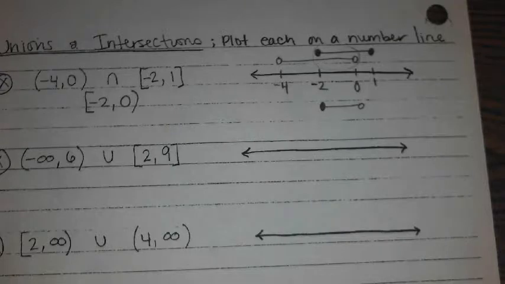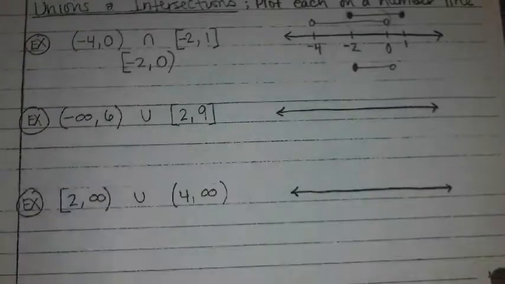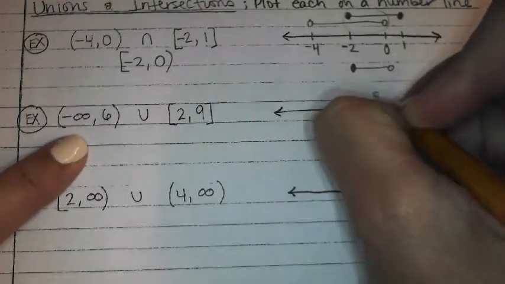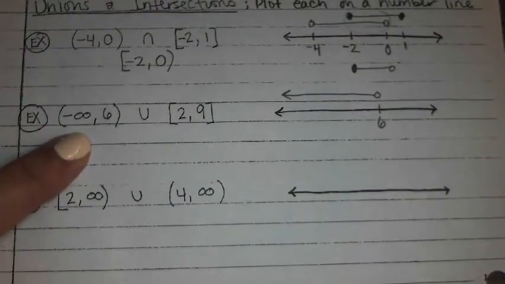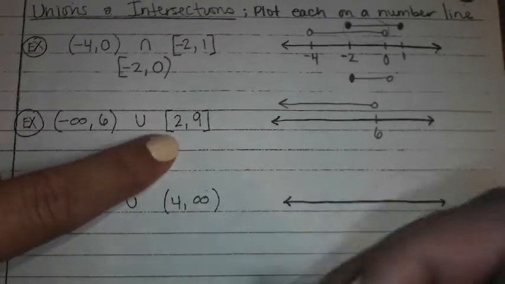That makes sense? Okay. On the next one, we have negative infinity up until 6. 6 has an open circle. And then we have 2 to 9.